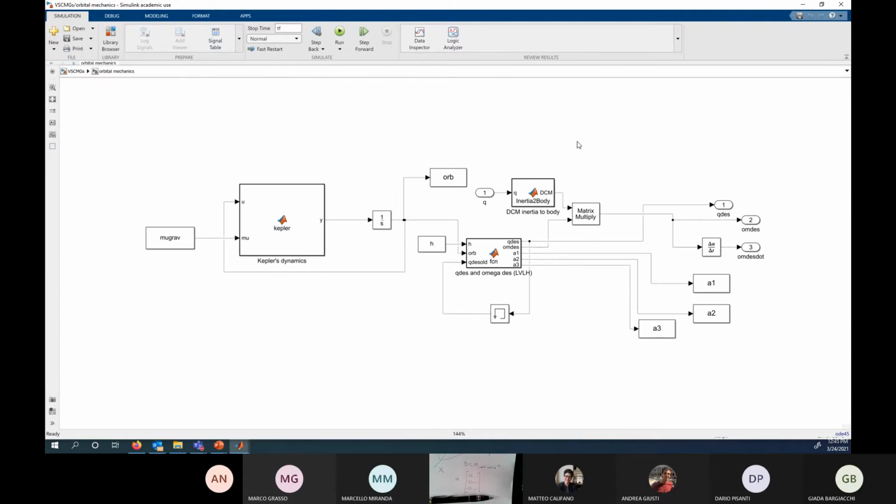So the equations that you're coding for homework 1, the kinetics block, that's Euler's second law projected in which axis? In the inertial frame.